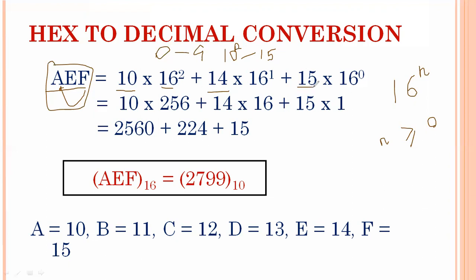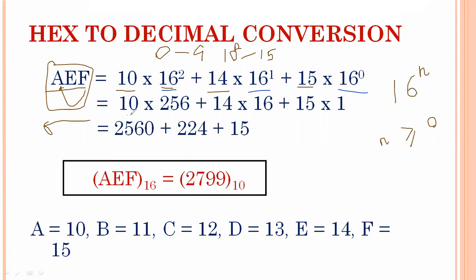Now we will start multiplying with 16 raised to power n. Again we will move from right to left. In this, the first number 15 will be multiplied with 16 raised to power 0. Then 14, that is E, will be multiplied with 16 raised to power 1, and similarly for A, which is 10, we will multiply it with 16 raised to power 2.